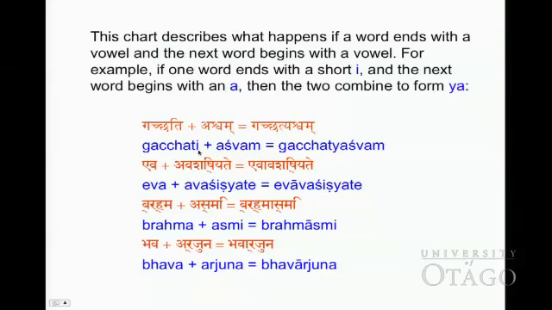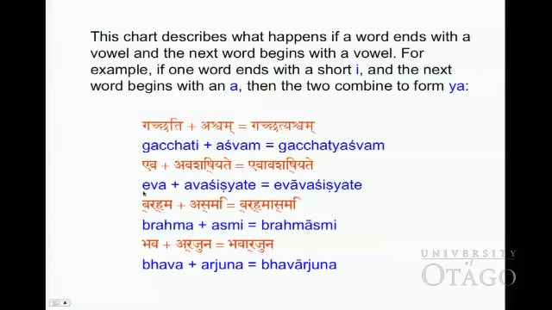The last letter is e, and the first letter of the next word is a. So e and a combine together and change to ya. So it will be gacchatyashwam, from gacchati and ashwam to gacchatyashwam.